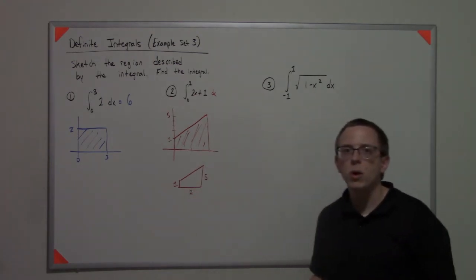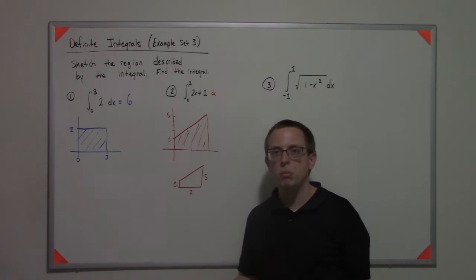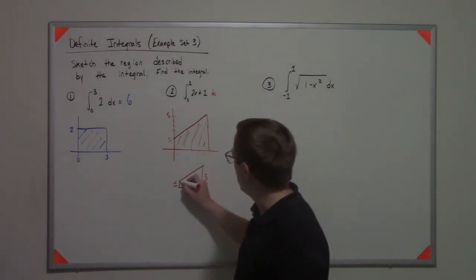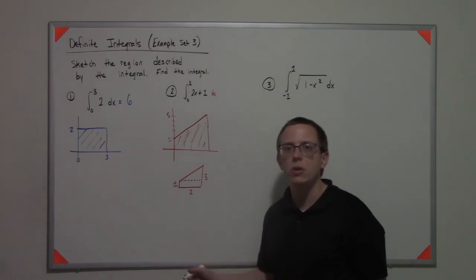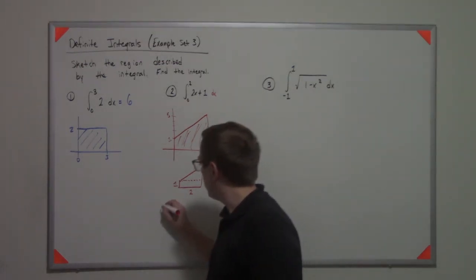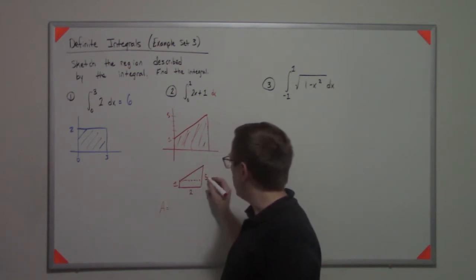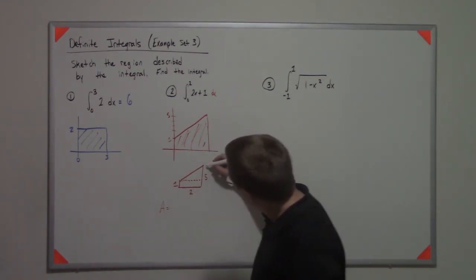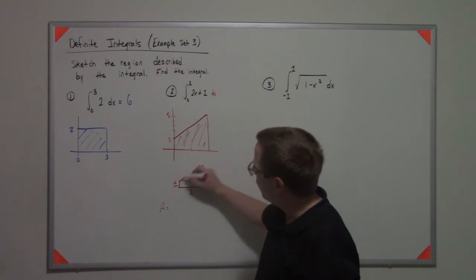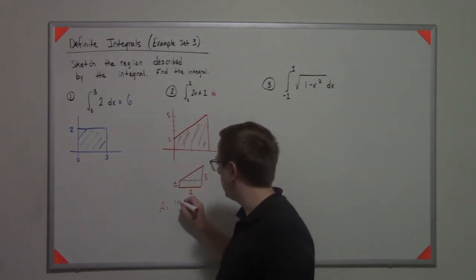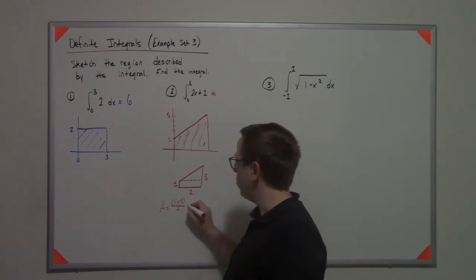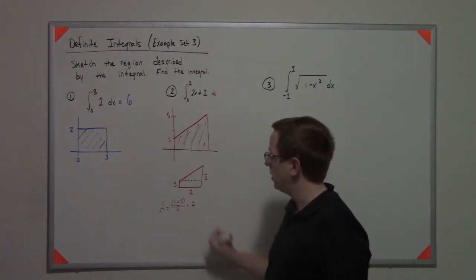If you remember how to find the area of a trapezoid, there's a couple of ways. One is to cut it into a rectangle and a triangle. That's fine. The other way, which I like better, is that you take the average of the heights and then multiply it by the base.